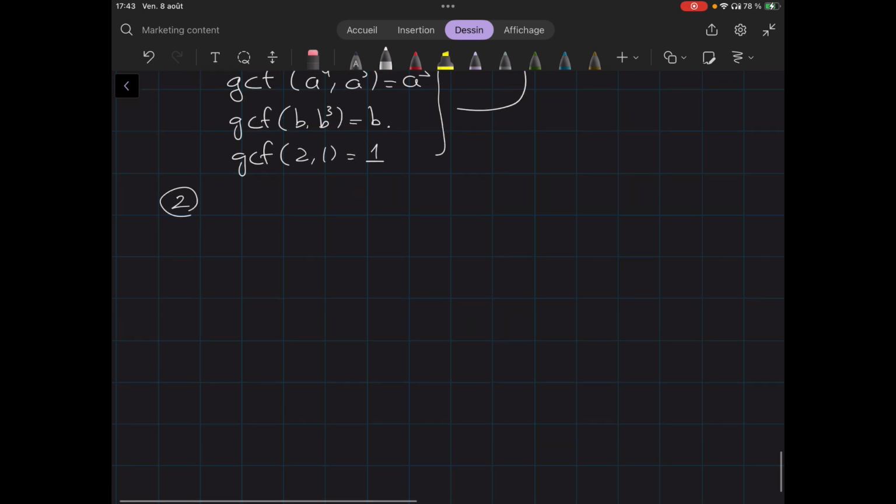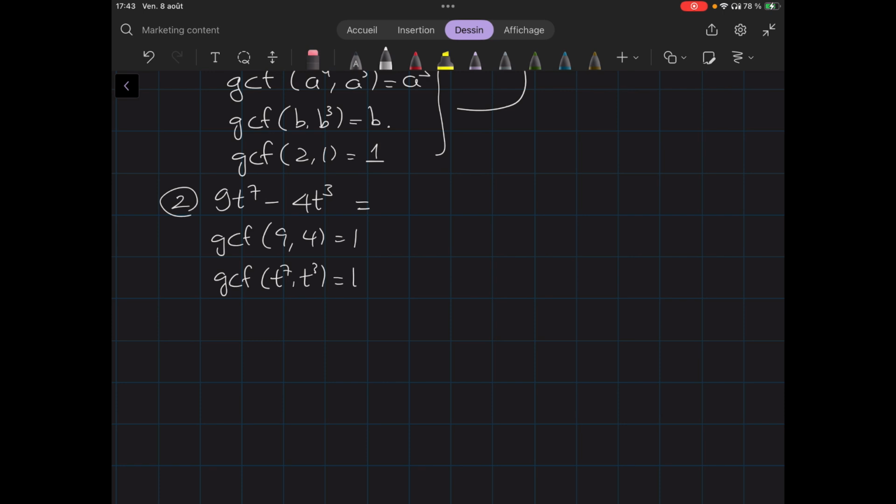Question 2. 9t to the 7 minus 4t cubed. Let's start off by factoring out the common factor. The greatest common factor of 9 and 4 is 1. The greatest common factor of t to the 7 and t cubed is t cubed. So we can factor t cubed out of the bracket.